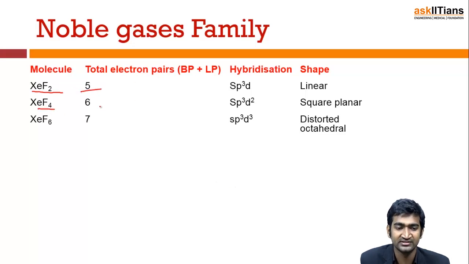If XeF4, then 6. XeF6, then 7. So if I calculate the hybridization, it would be sp3d, okay, because it's 5. For 6 it will be sp3d2. For 7 it will be sp3d3. So sp3d is linear in shape. Okay, sp3d2 is square planar in shape and sp3d3 is distorted octahedral.